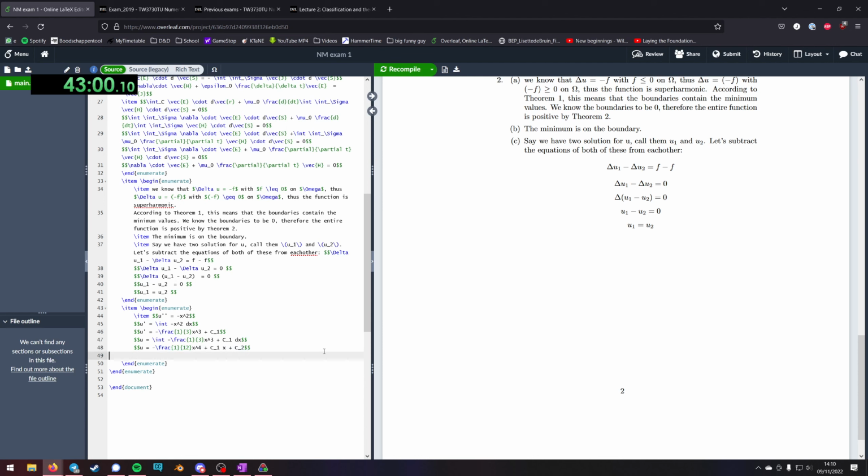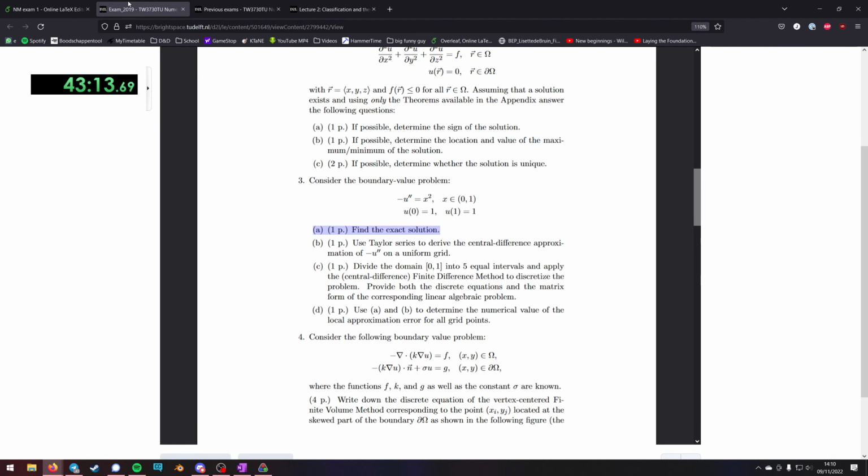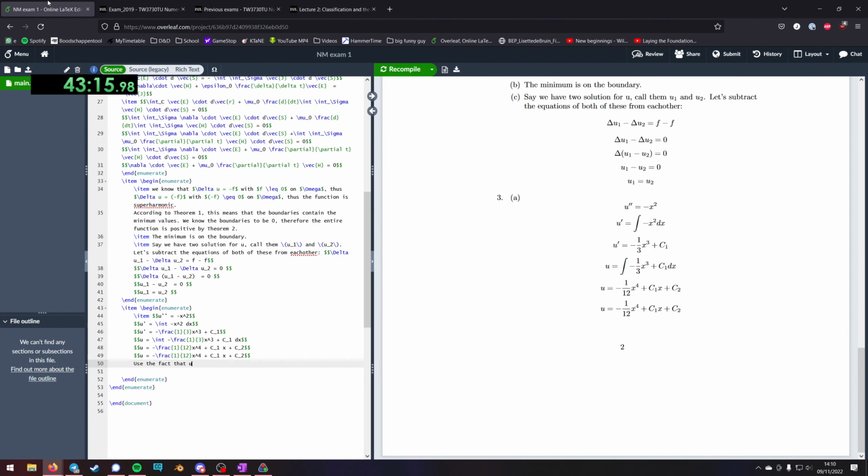And then we can use this to fill in the fact that u(0) is 1. Which gives us 1 equals c2. Well, lovely. So we have c2.